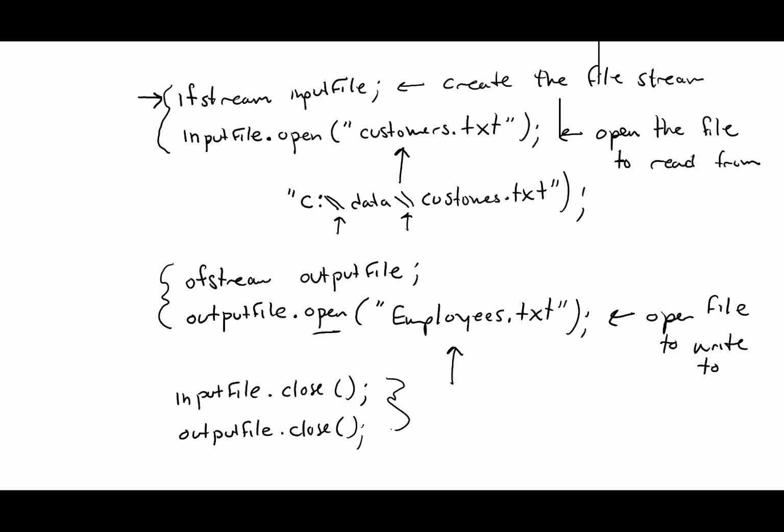The other reason is some operating systems limit the number of files that you can have open. So if your program is opening a bunch of files, it might not run right on some operating systems. So it's just a really good idea to always close your files if you open them. And this is after you're done using it. So after you're done using it, close the file.